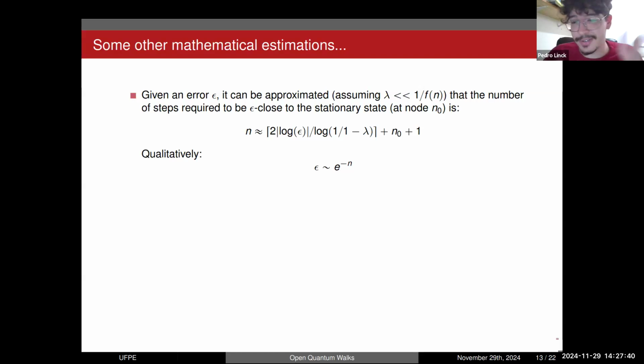And there are some weird estimations that I was able to obtain. It is not the easiest thing to see. For example, the velocity that I said, it's very easy to see that it works.